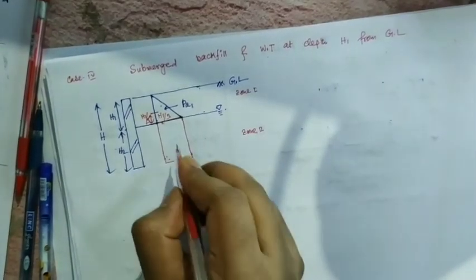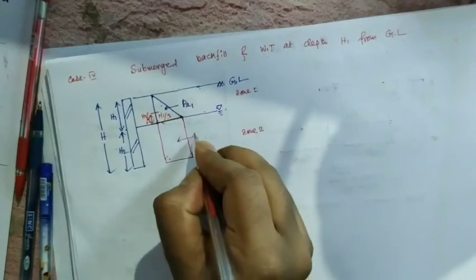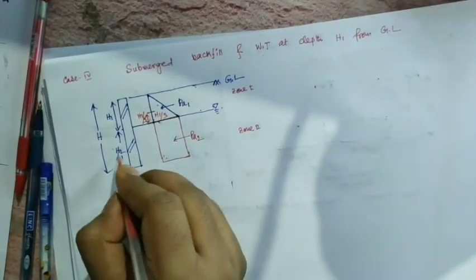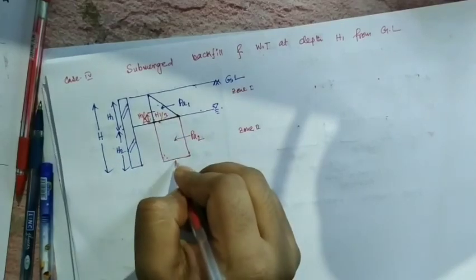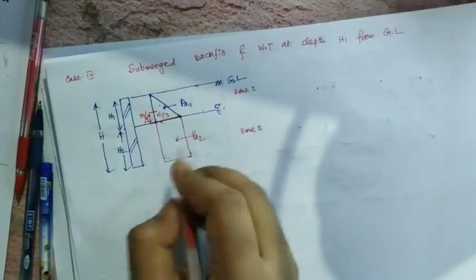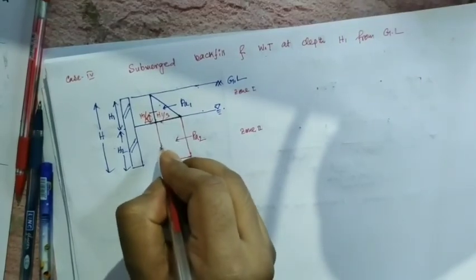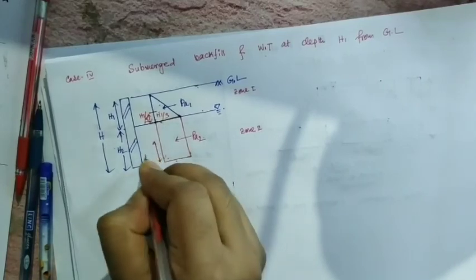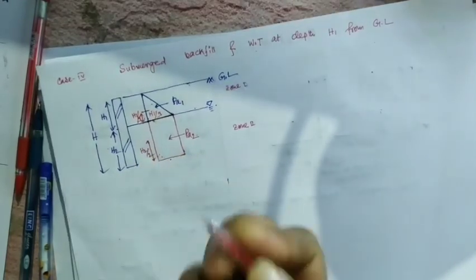So I am naming it PA2. Because the height of that pressure diagram is h2, the centroid will be at h2 by 2 distance, that means in the middle.